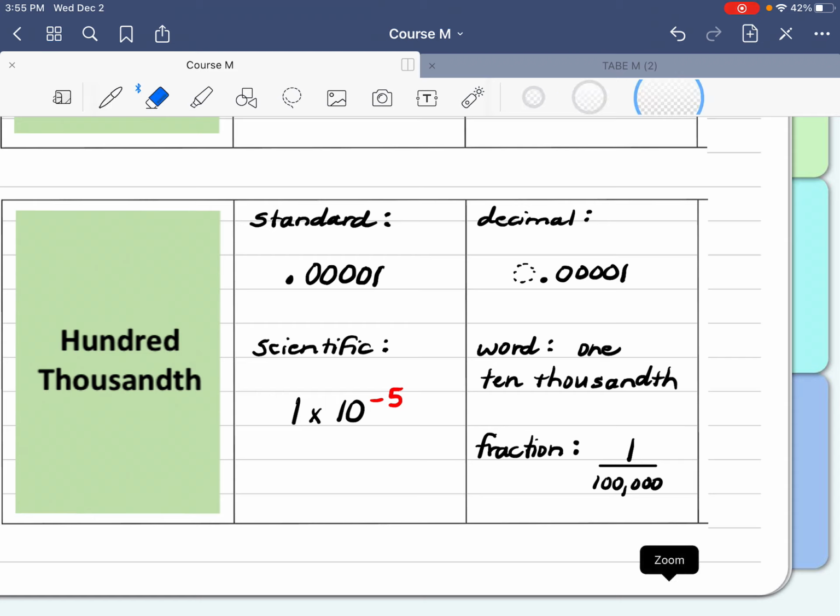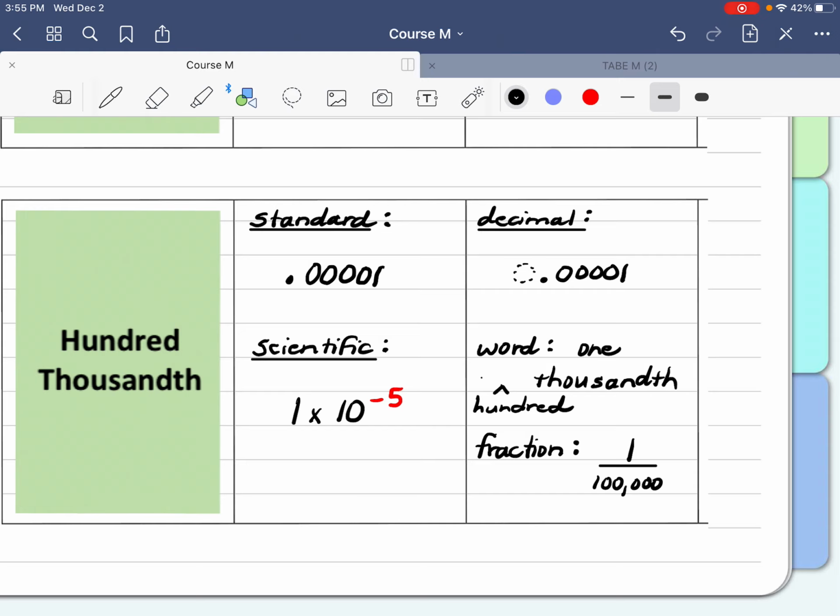Let me fix that. That should say 100 thousandth. And I bet you didn't make the mistake. I bet you wrote it correctly the first time.